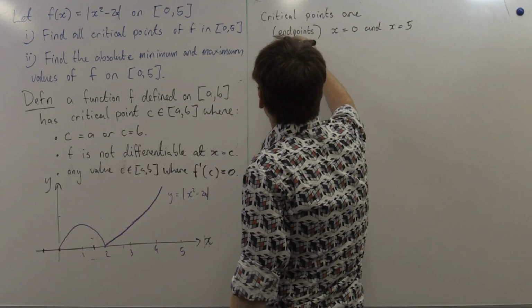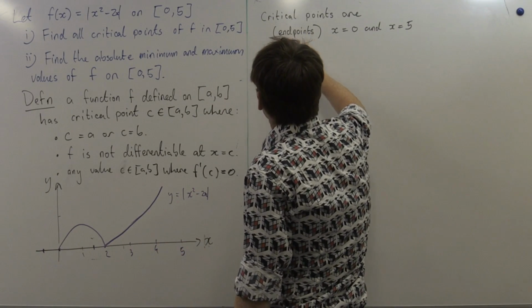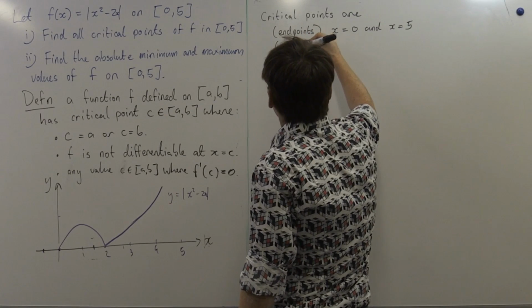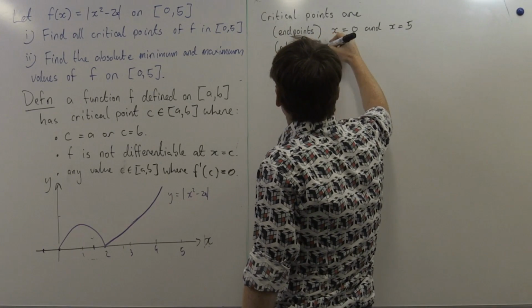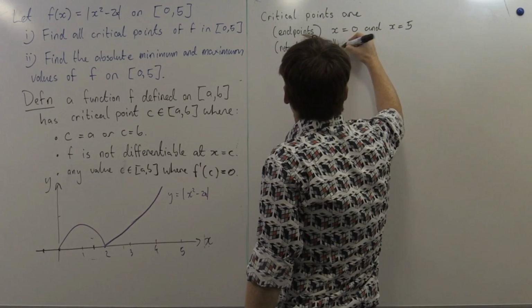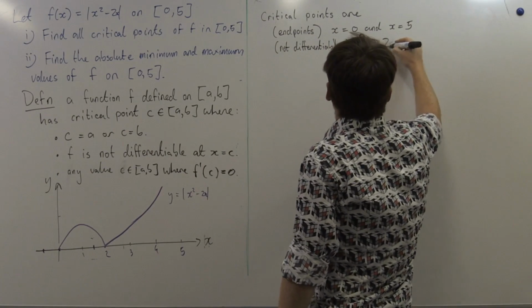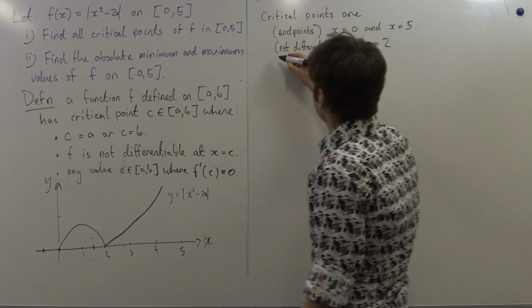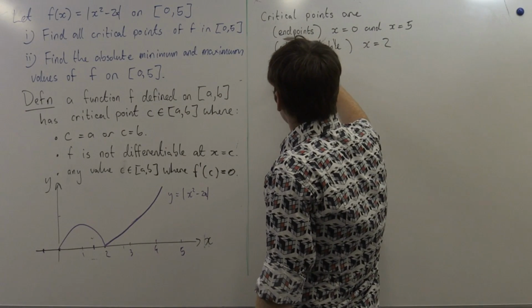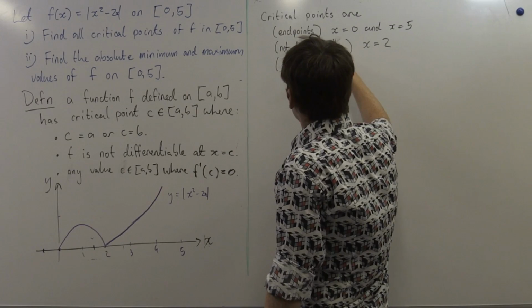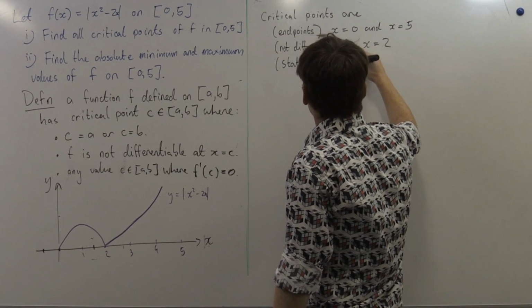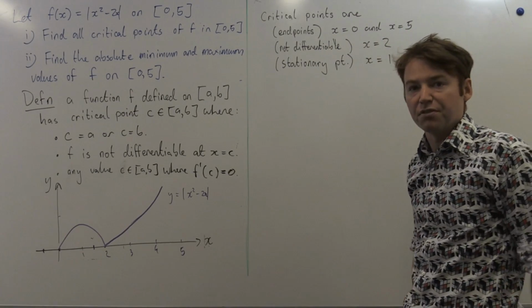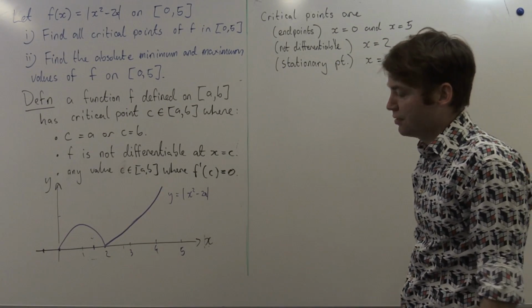So, at x is equal to 2, and there's a stationary point here when x is equal to 1. So I'm just going to list off my critical points.